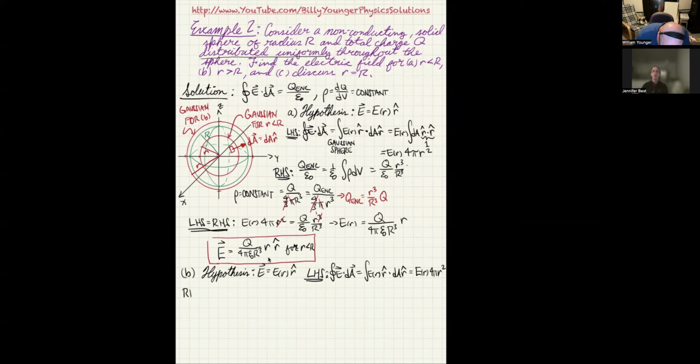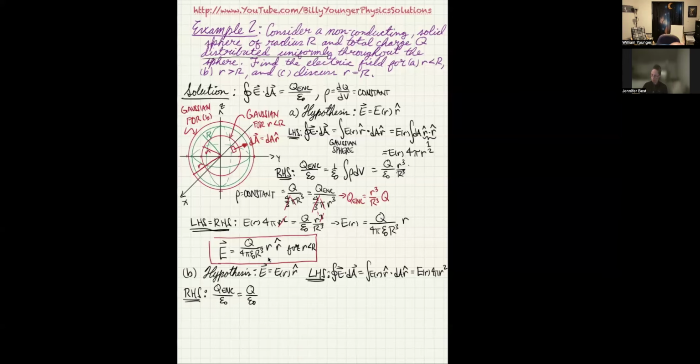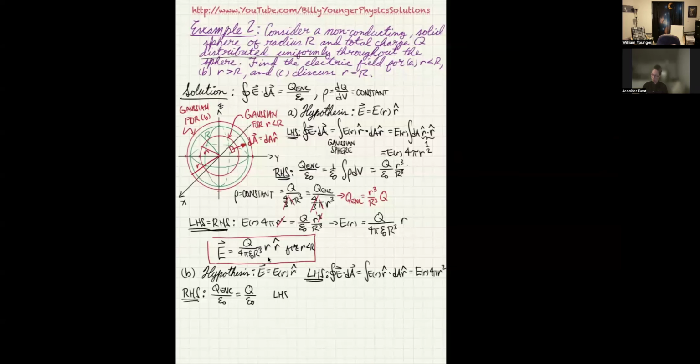All right, now we have the left hand side. Now we do the right hand side, and this time the right hand side is going to be super easy because the Gaussian surface encloses the whole sphere, so we already know what Q enclosed is. So the right-hand side is Q enclosed over epsilon naught, but the Gaussian surface is bigger than the green non-conducting sphere, so the total charge Q is actually the charge enclosed. So we just get Q over epsilon naught. Now I can say left-hand side equals right-hand side.